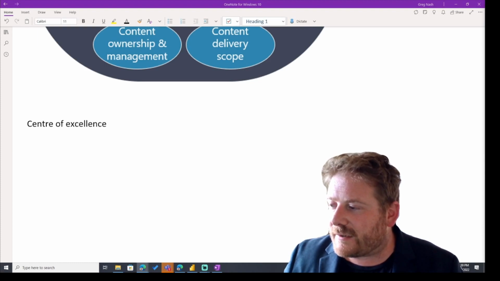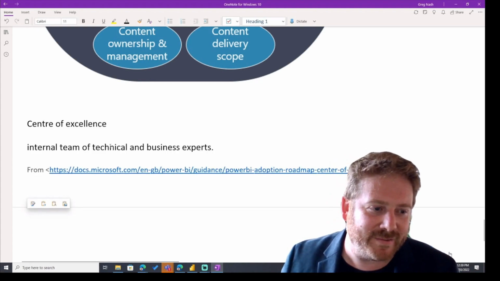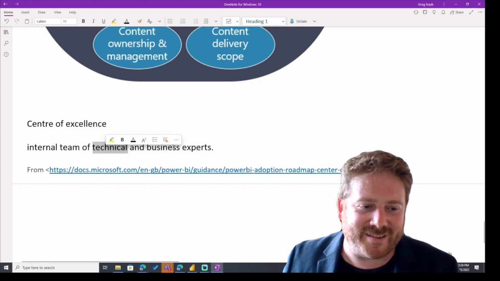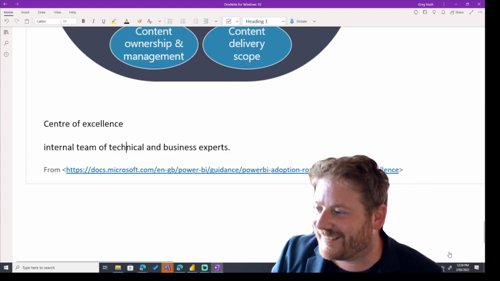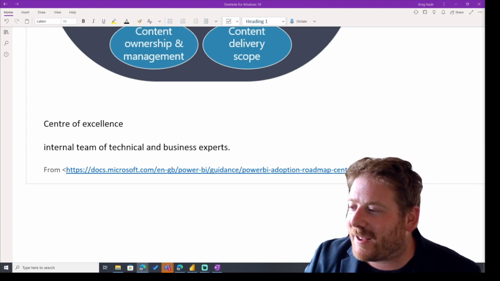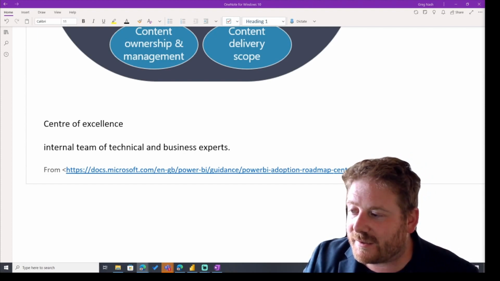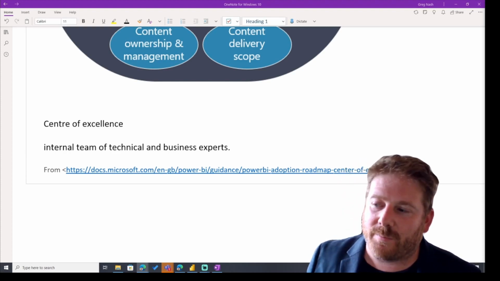What is a Center of Excellence? A Center of Excellence is an internal team of technical and business experts. Note the words technical and business, not technical experts, not business experts. The team actively assists others within the organization who are working with data. So the COE forms the nucleus of the broader community.